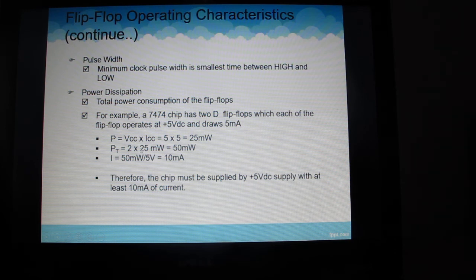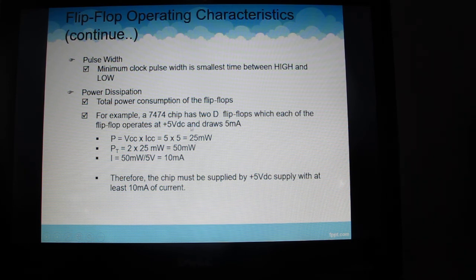Alright, so for example, we know the formula of power is P equals IV, or VI, it's similar. So this is VCC multiplied by ICC, voltage multiplied by ampere. Alright, we know this one is 5 volts, and this one is 5 milliamperes, so the power will be 25 milliwatts.